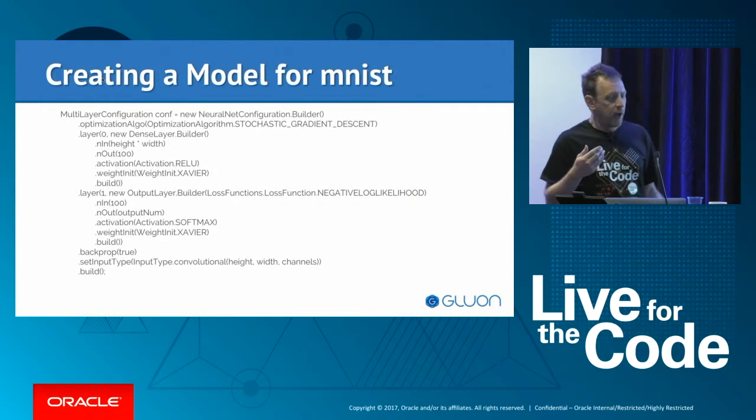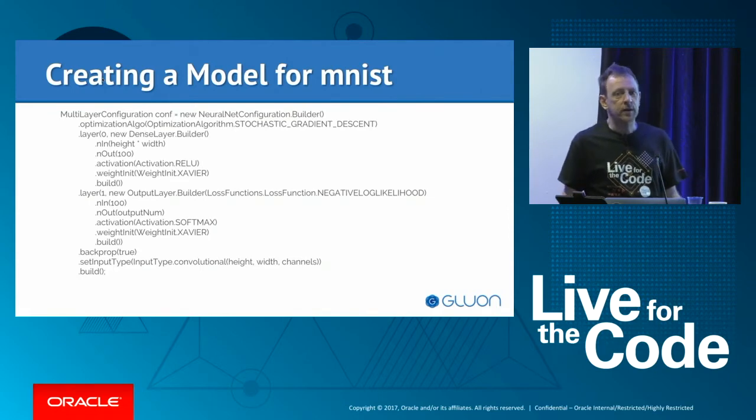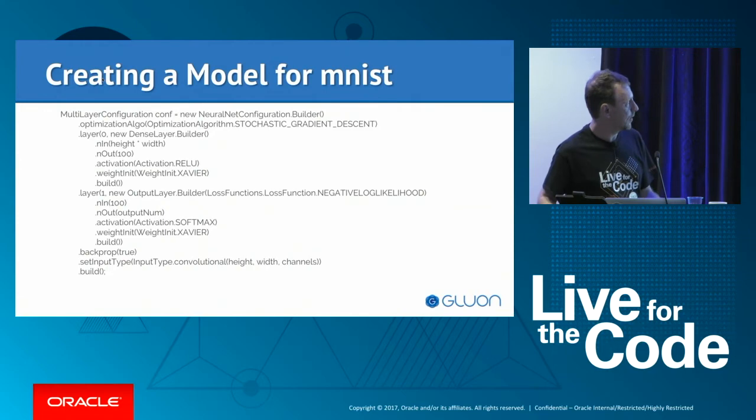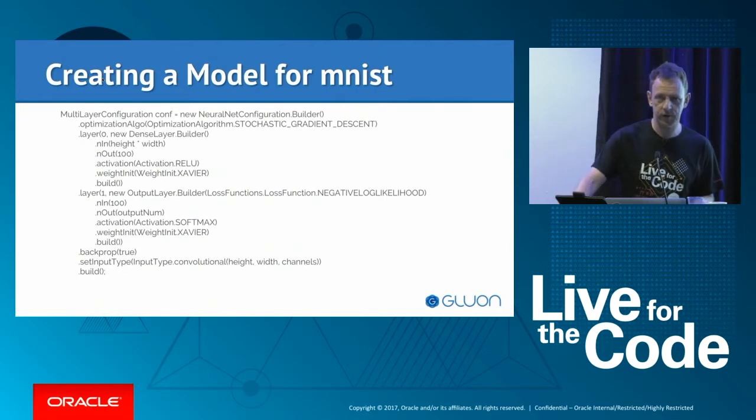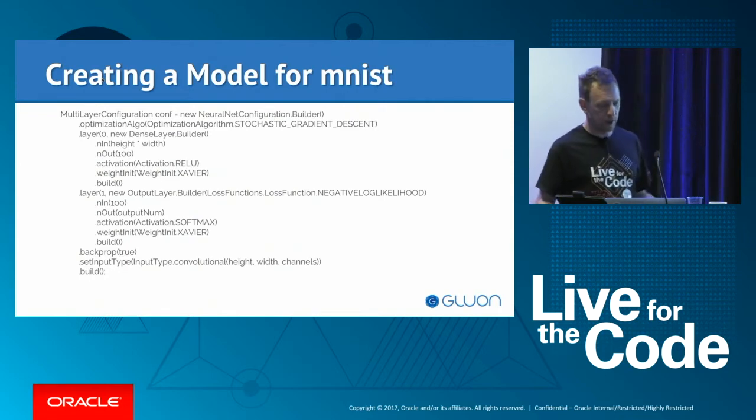So again, I'm not going into detail about the deep learning, but this is a snippet from the code. This is how we create a neural network. So we use a builder pattern, and we tell its optimization strategy. Once you learn something about deep learning, you will recognize terms like stochastic gradient descent.